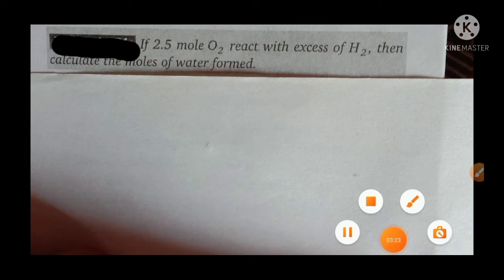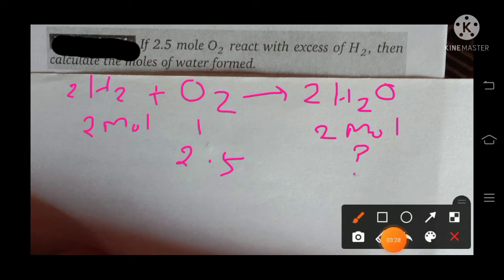I will repeat again. The balanced chemical equation is 2H2 plus O2 gives 2H2O. That is, 2 mole of H2 react with 1 mole of O2 to form 2 mole of H2O.